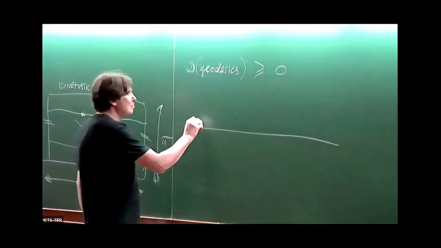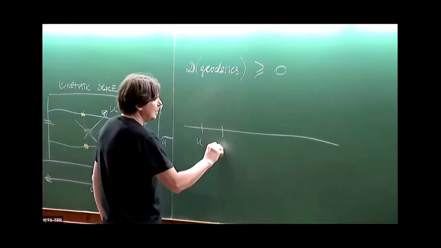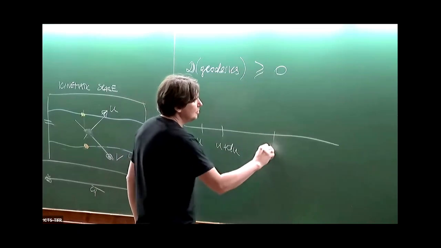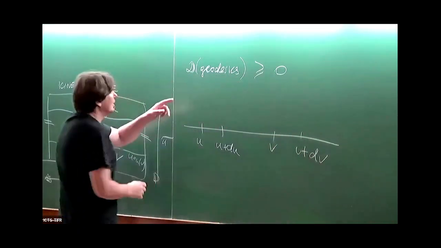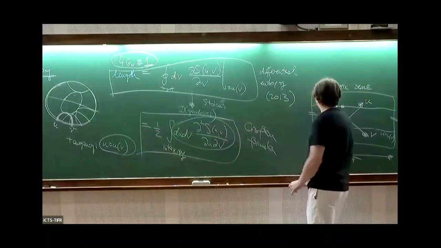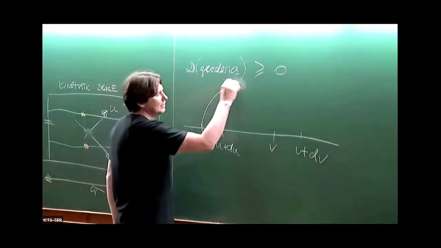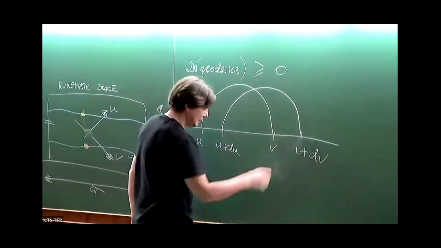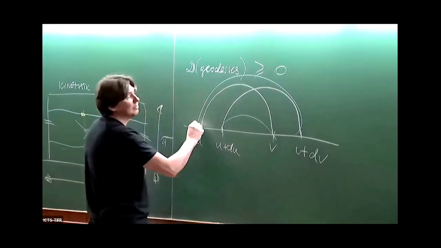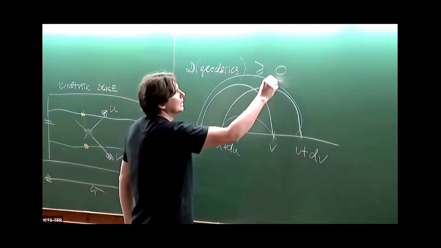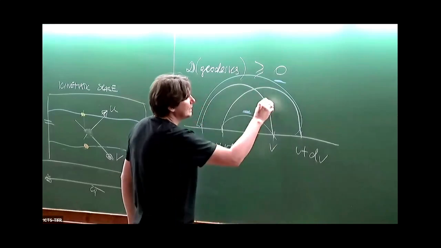And then what will happen is that I'm really talking about some u and u plus du and v plus dv. And this expression that we have over here is basically the length of this geodesic plus the length of this geodesic minus the length of this one and minus the length of that one. Yes, these are with negative signs, and that's with positive signs. Yes.